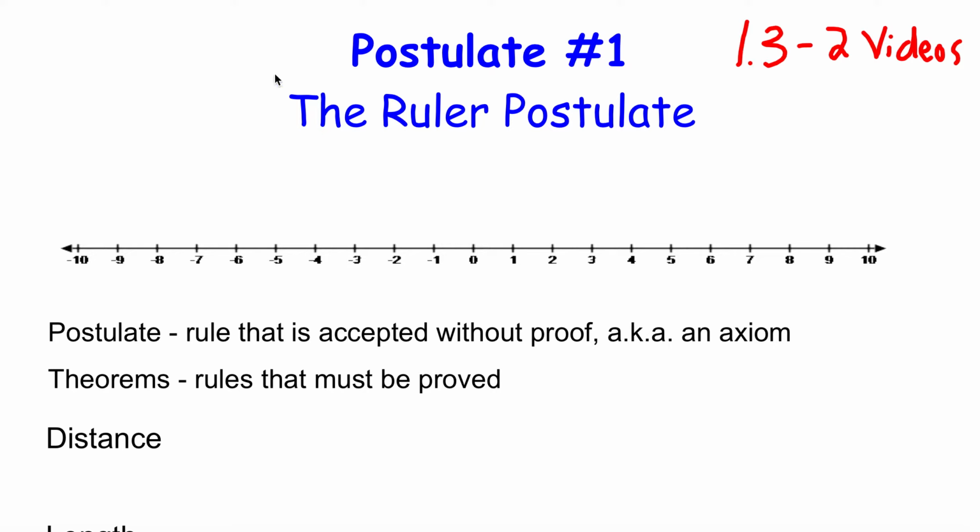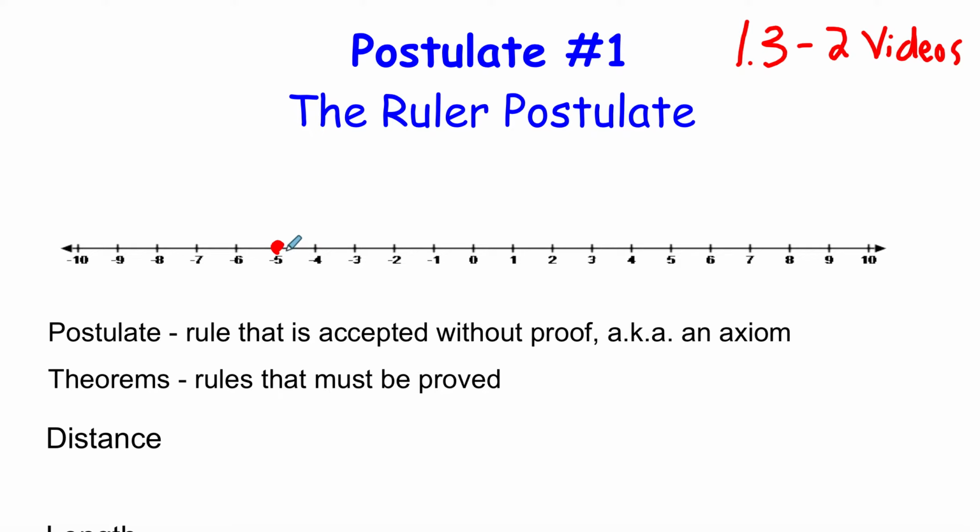And so our first postulate is the ruler postulate. What does the ruler postulate say? The ruler postulate says that the points on a line, and you can look at your postulate sheet and read along with me if you want, can be matched 1-to-1 with real numbers. The real number that corresponds to a point is a coordinate of the point. Here's what it means. If I have a number line, I can put a point at a coordinate.